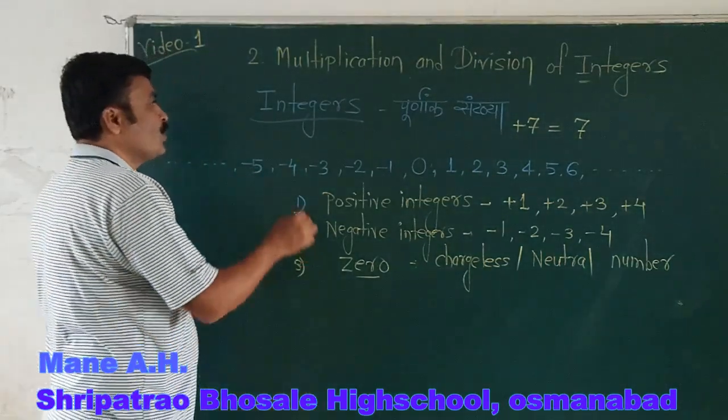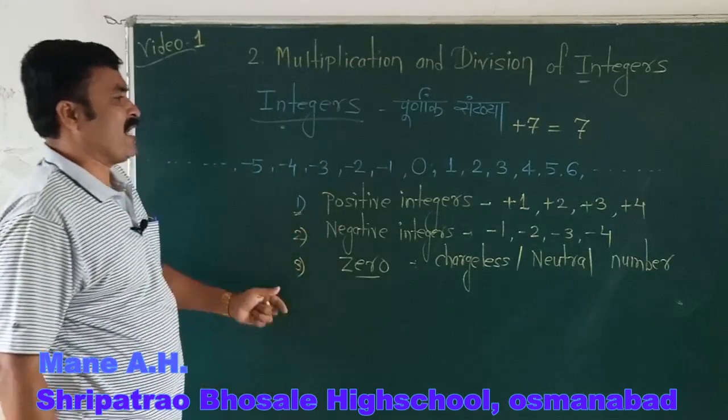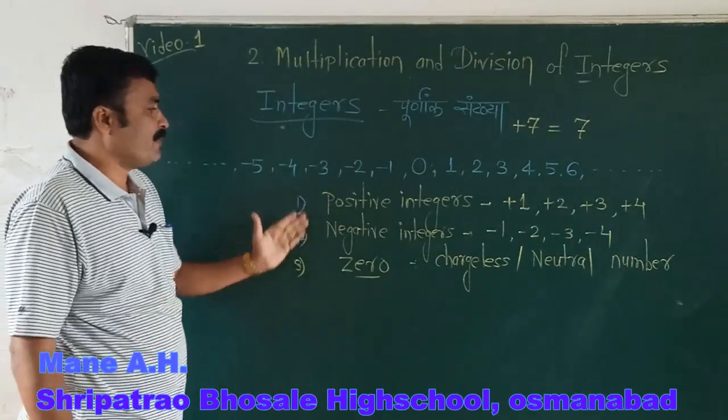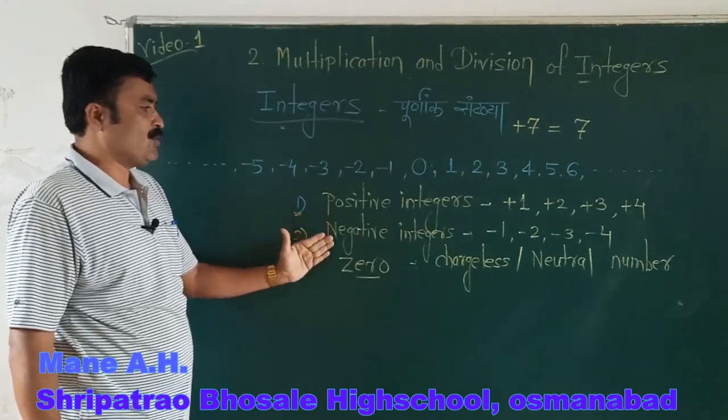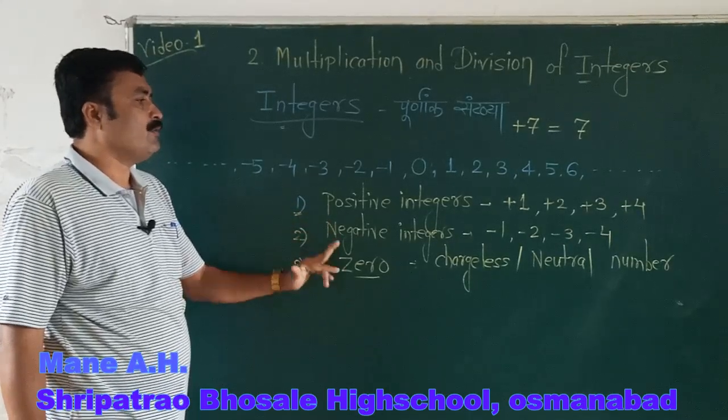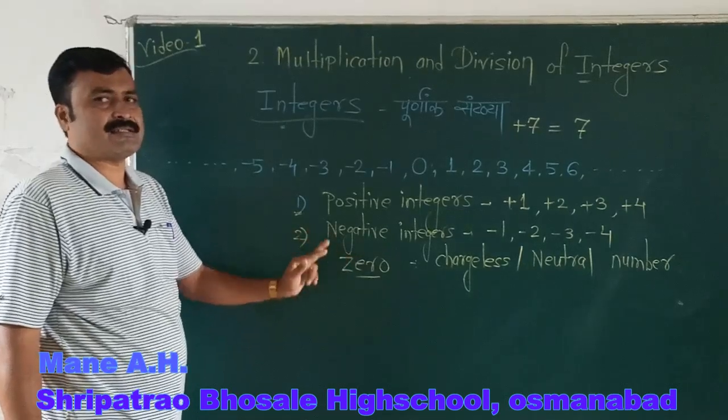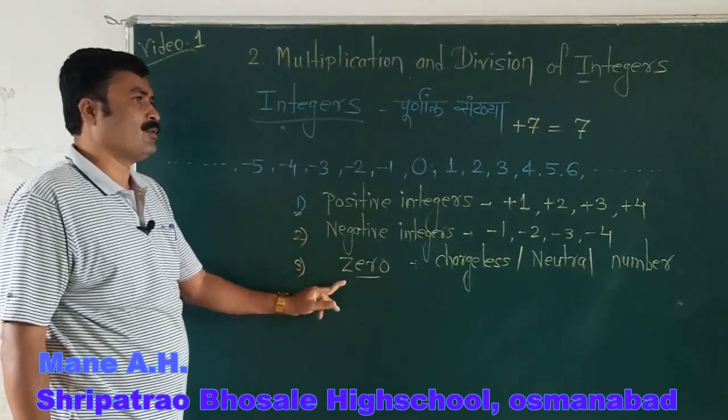So the group of integers has these three types of numbers: positive integer, negative integer and neutral or chargeless number, that is 0 here.